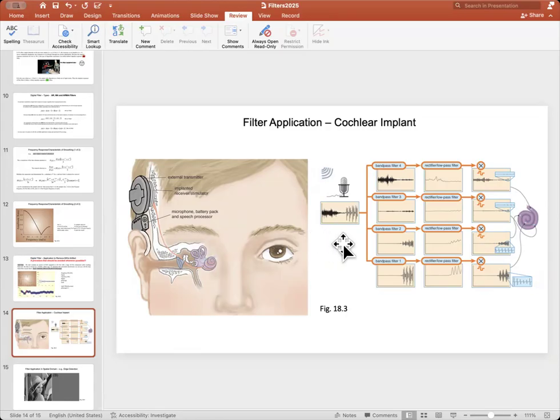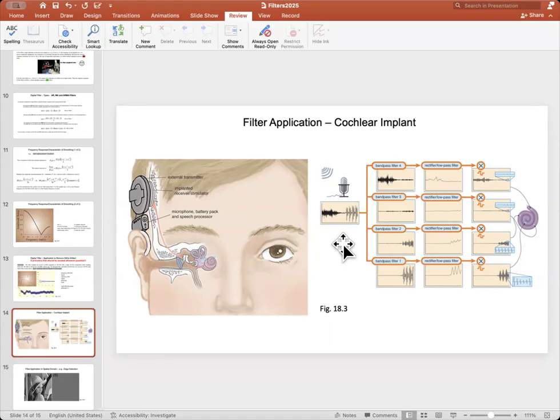In this example, the sound consists of higher frequencies and a bunch of bursts of lower frequencies. You then have a filter bank; in this case they only show 4 filters, but you can of course have multiple filters. The top filter filters out the high frequencies, and then you get lower and lower frequencies.